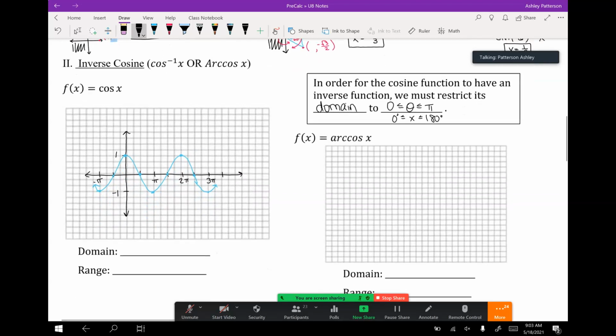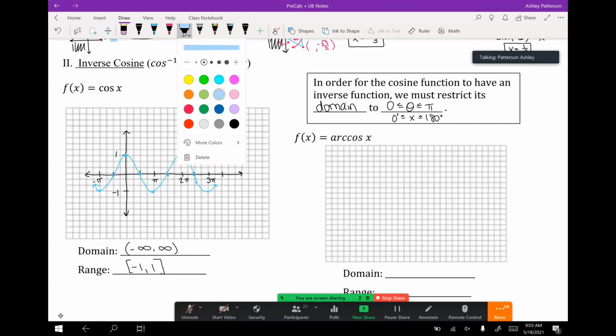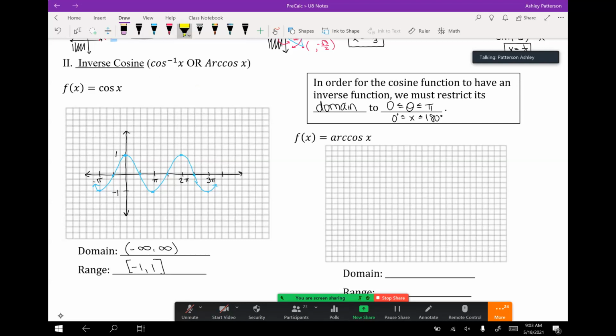Now, before we restricted the domain, yes, we knew that the domain was all real numbers. And the range was the same as cosine, negative 1 to 1 inclusive. If we restrict the domain from 0 to pi, that means we start at 0 for x and we go all the way to pi, representing both positive and negative values for cosine.